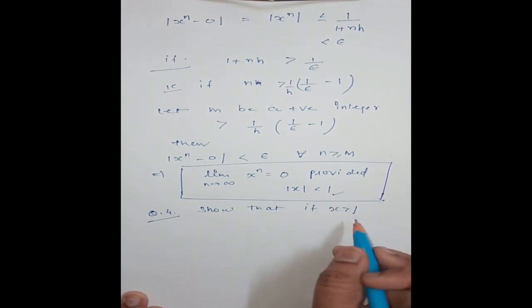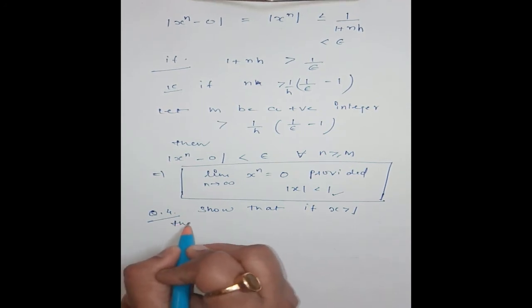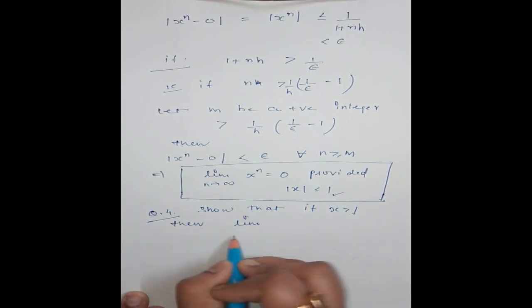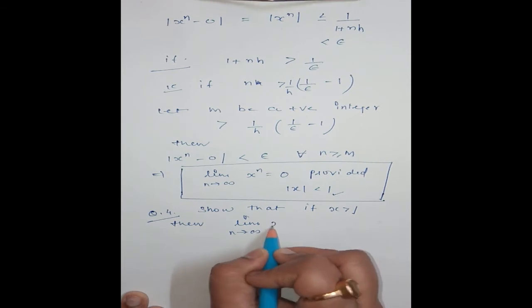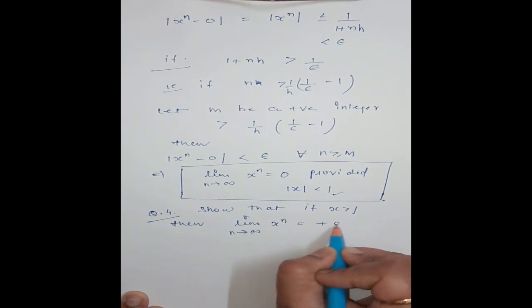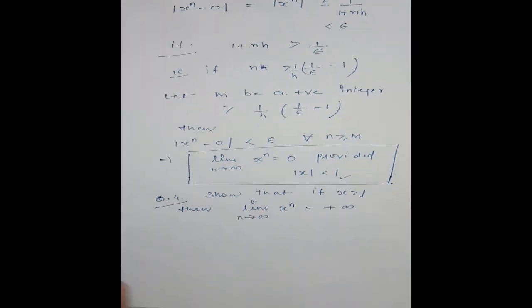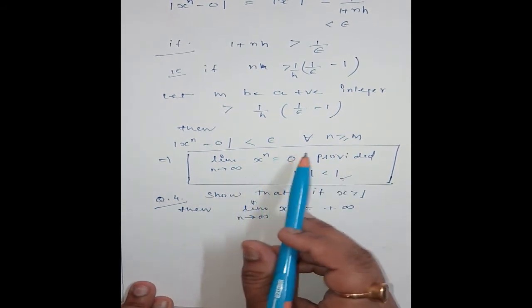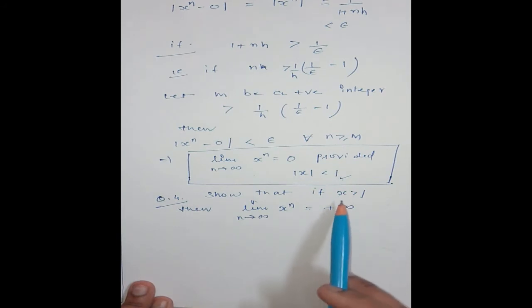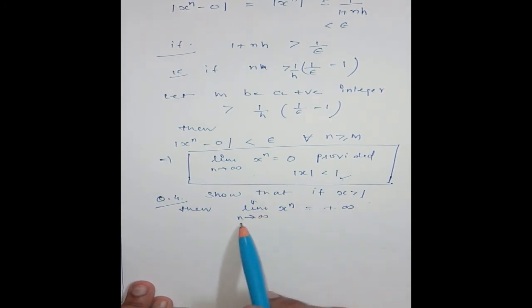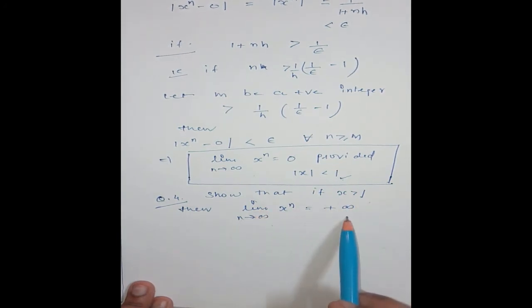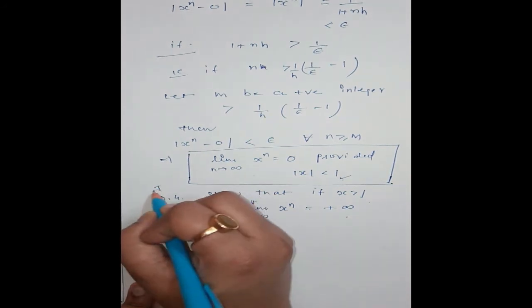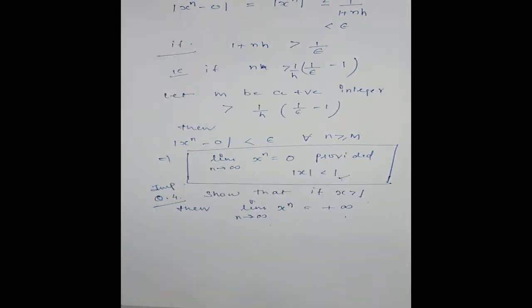Now if x is greater than 1, then limit n tending to infinity x^n is equal to plus infinity. Okay, now if mod x is less than 1, then limit n tending to infinity x^n is 0. But if x is greater than 1, then limit n tending to infinity x^n is plus infinity. Again, this is a very, very important problem.